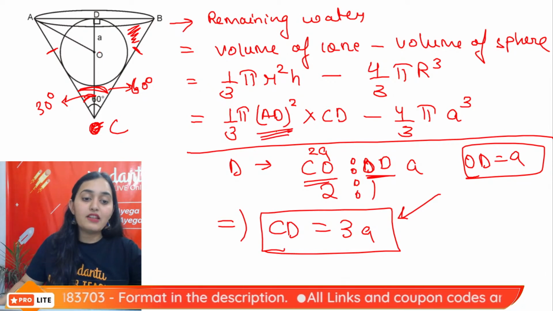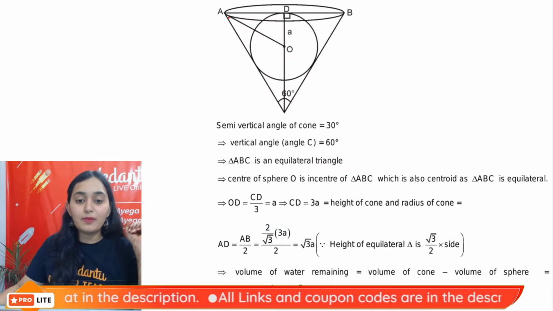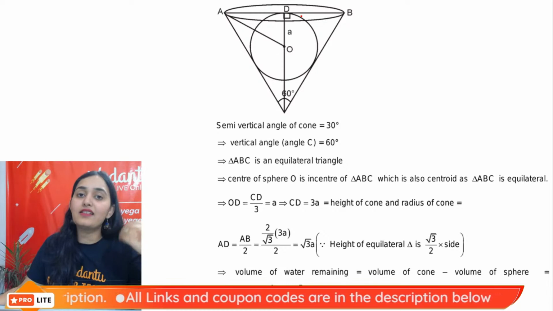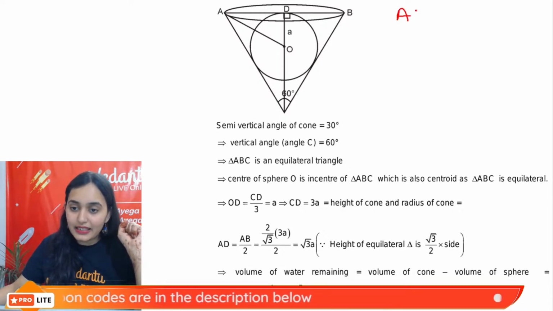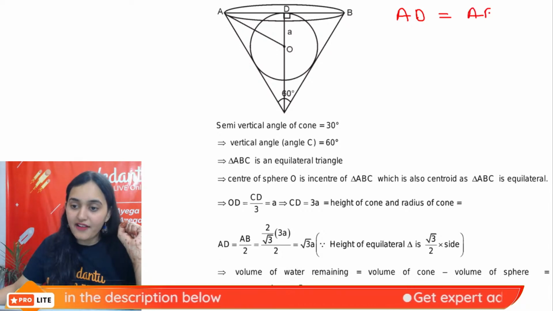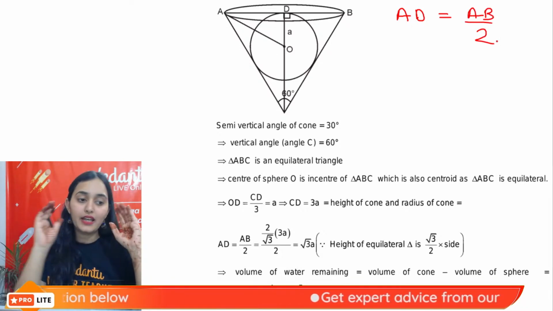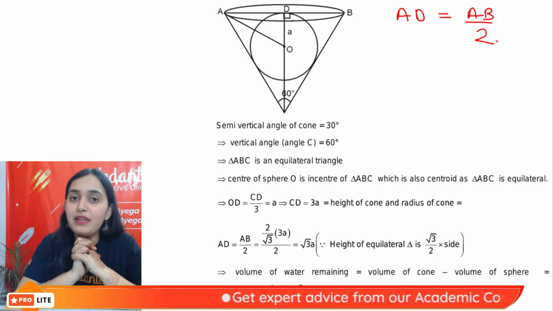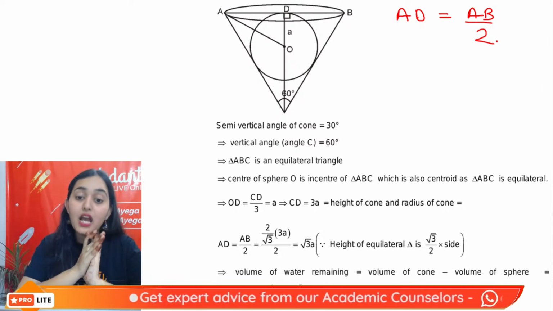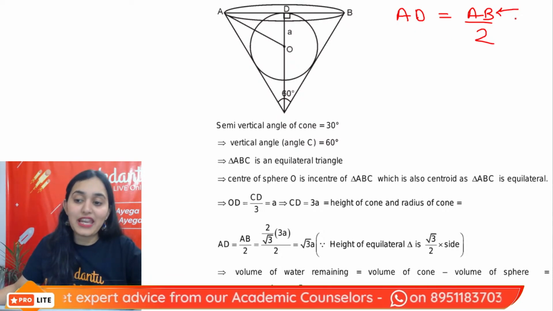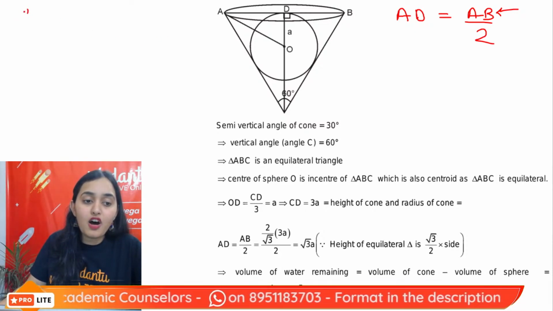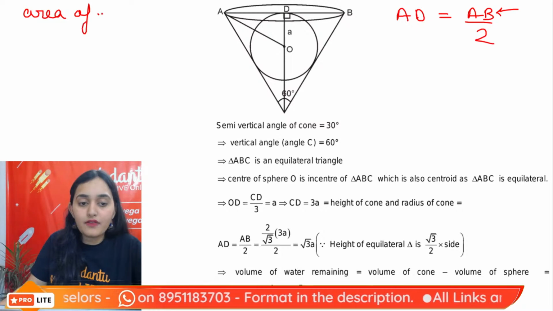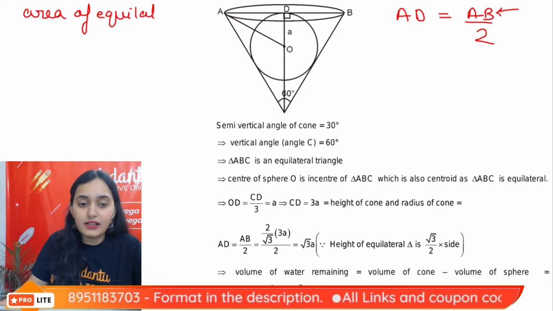Now we need the value of AD. So what will be the value of AD? Let us try to solve and analyze. Now we can clearly see that AD is half of AB. Now what is the value of AB? We don't know AB also. Now we will come to the formula of area of equilateral triangle.